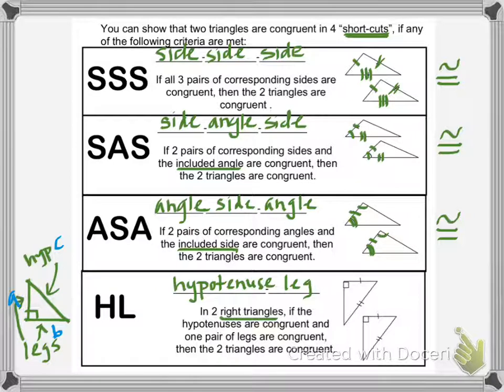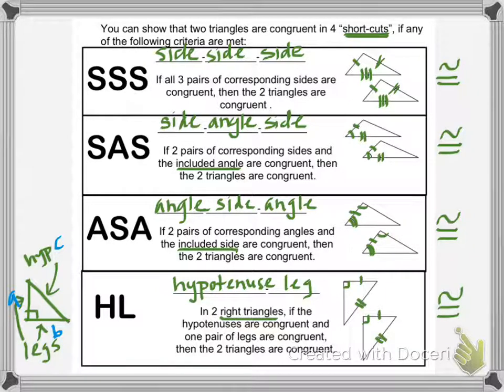So first of all, you have to have two right triangles, and you know you have two right triangles when you see that little box in the corner, or it says 90 degrees. If the hypotenuses are congruent, so remember those are those two long sides that are across from the right angle, side C, and one pair of legs, so just one of the other sides, are also congruent, then without knowing anything about the other two angle measures or the other side length, that is enough information to say that these two right triangles are congruent.